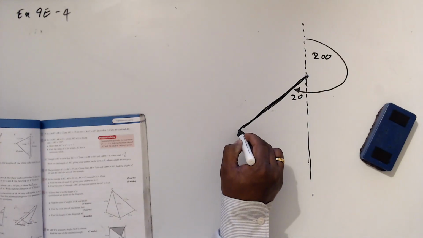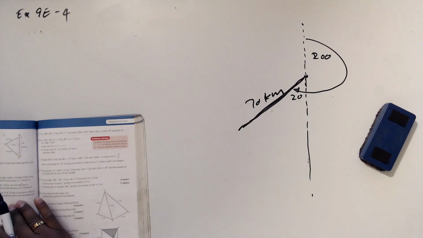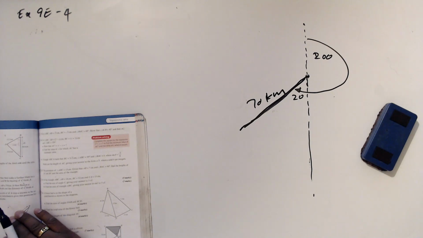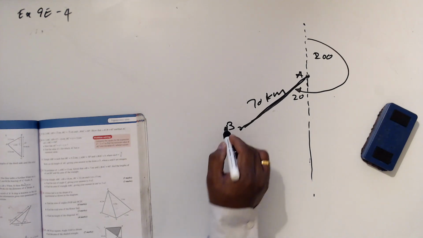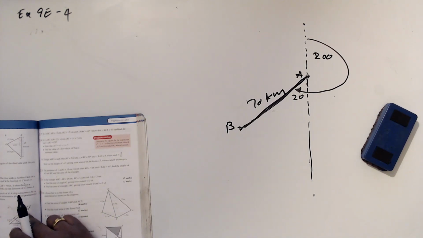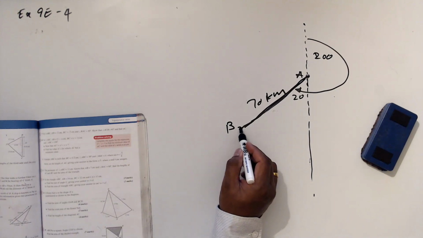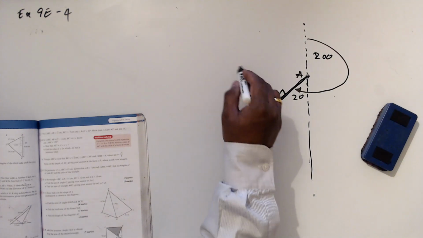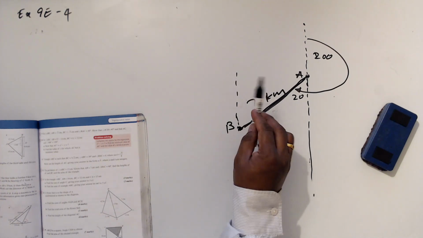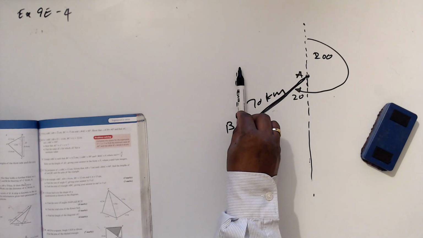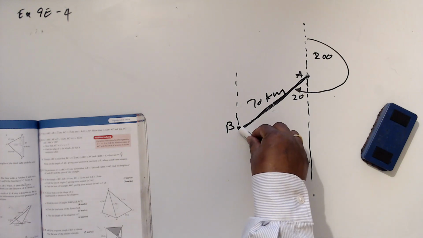up to 70 kilometers. So this is A, this is B, 70 kilometers. Then from B to C, 150 bearing. So then here I mark the north, then I start measuring the direction 0, 10, 20 and 90 and 150.